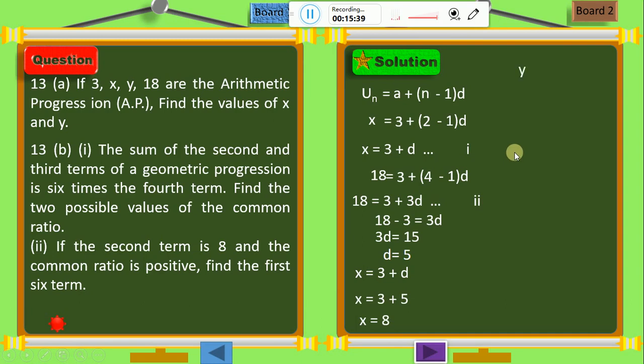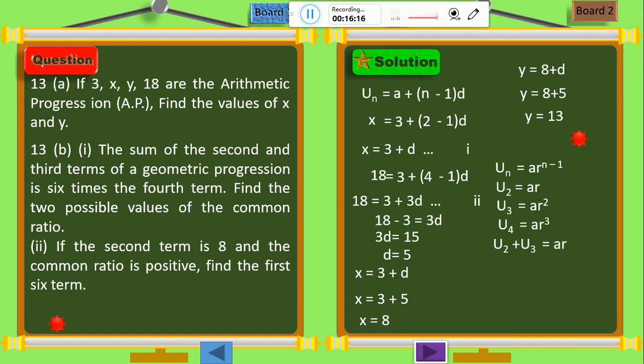We're now going to calculate the value of y. y is equal to 8 plus d. So y is equal to 8 plus 5. y is going to give us 13. Now, coming to the GP. We have that. Then U3, make substitution. Simplifying, you have that. So U4 will give us that.